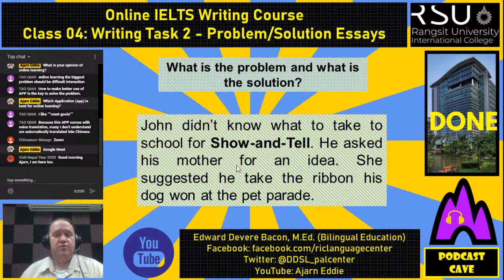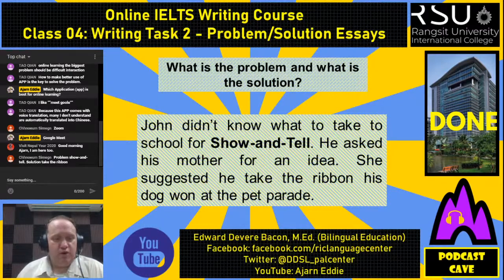So the problem is, what should he take for show and tell? And the solution is to bring the ribbon he won at the pet parade. And what does Ming say? Ming says, okay, problem, show and tell, solution, take the ribbon. Awesome. Very good.